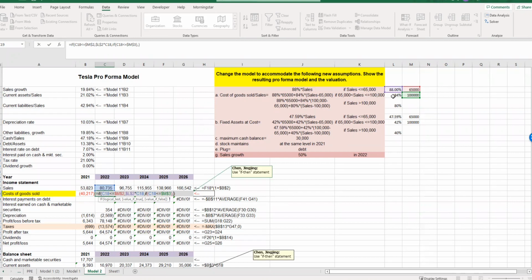sales equals to here times 65 plus 84 times 100 minus sales minus 65. Here, these are fixed. Okay, and this bracket can be closed.